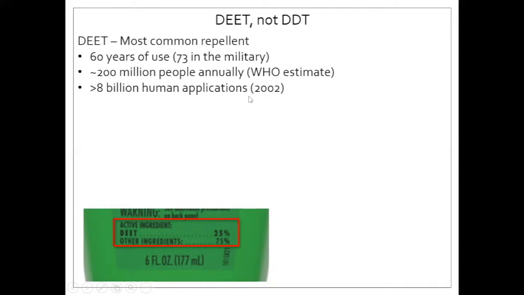And since about 1998, in a study conducted in 2002, there were over 8 billion human applications. When you compare this to the number of deaths that have been reported with DEET, about 4 deaths associated with DEET, these were never confirmed. After those billions and billions of applications, and not a confirmed death with DEET, DEET is about as squeaky clean safe as you can get.